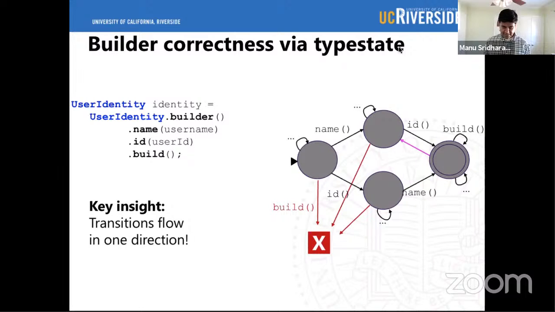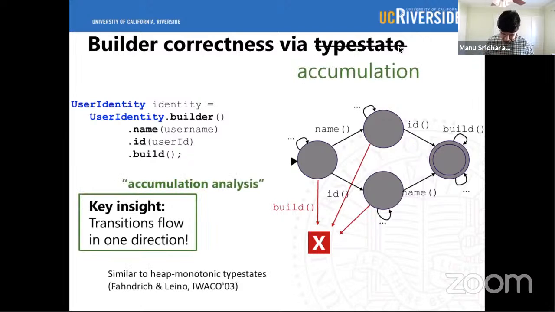So once you get to the state where you can call build, you stay there. You never transition backwards. So this is a type of type state property we call an accumulation property.